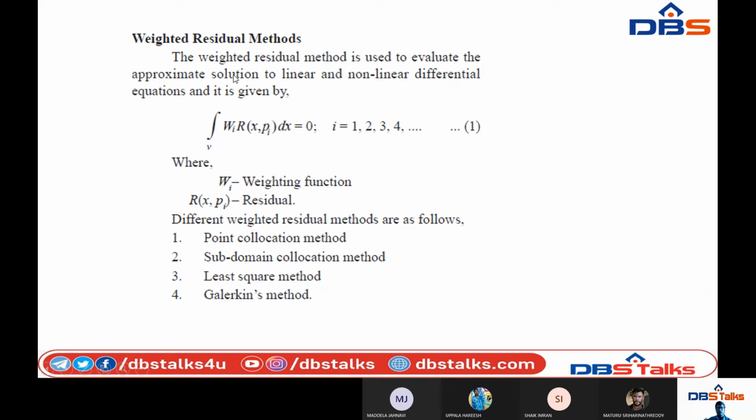Again, weighted residual methods are classified into four types. One is the point collocation method. Second is the subdomain collocation method. Third is the least square method. Fourth is the Galerkin's method.